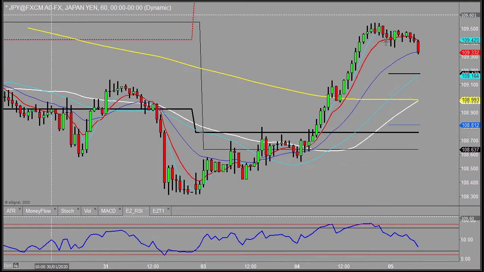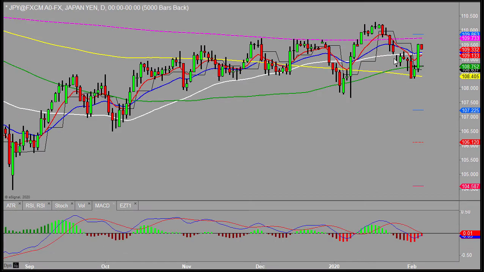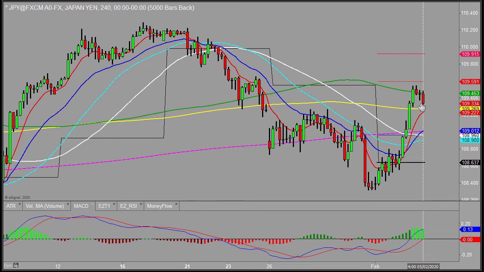Dollar yen, well, let's come out onto dailies, onto dollar yen, but certainly softening up. Continued pushing up yesterday, selling off a little bit at the moment, pulling back.